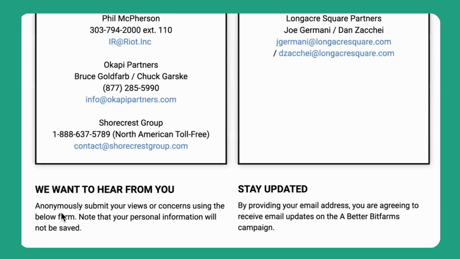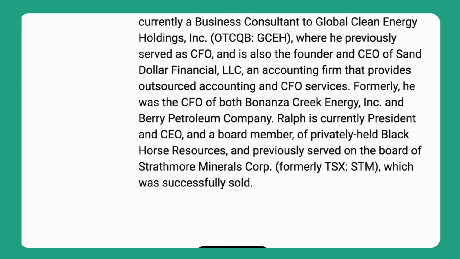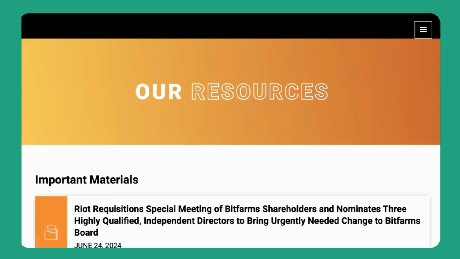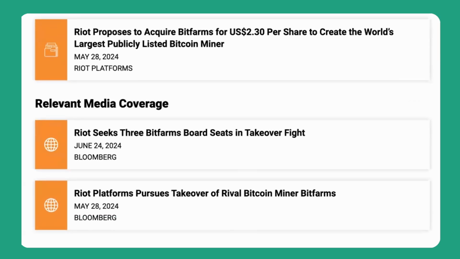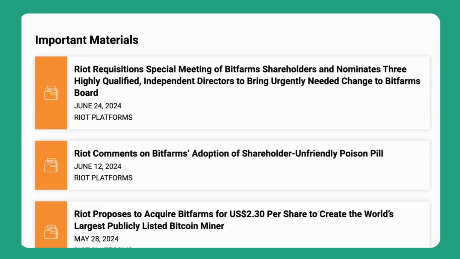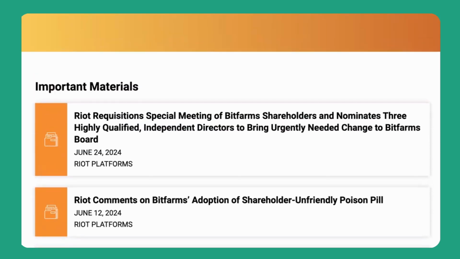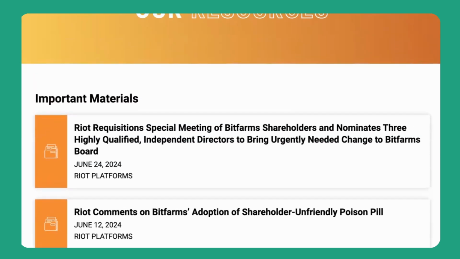Okay, so as we can see here, these are the three candidates that Riot has put forward for nomination at the special meeting coming up in October. I believe that is when this meeting is supposed to take place, where they will vote on who Bitfarms' board of directors will be going forward.